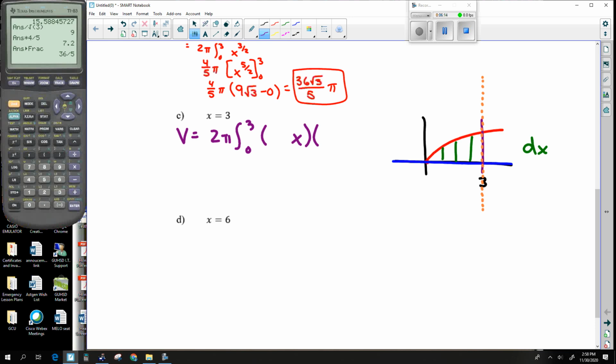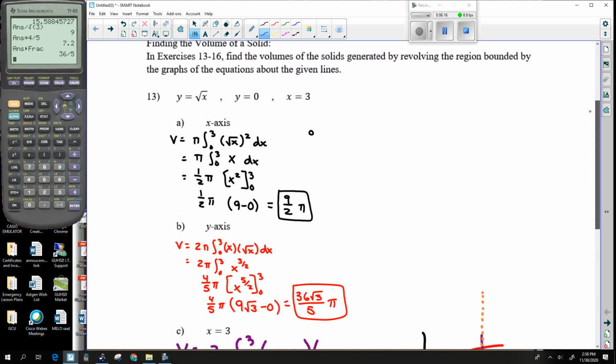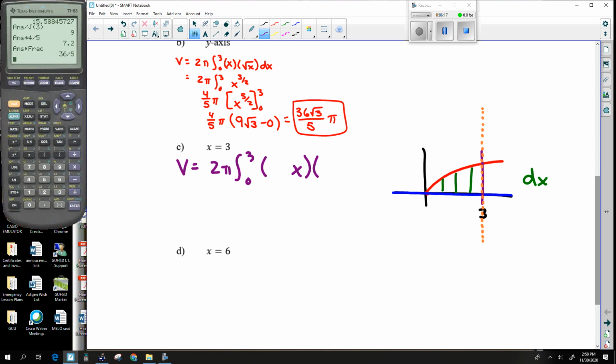So the volume of this guy is going to be 2 pi, integral from 0 to 3, of x, and what was the equation of this? Square root of x, dx. We're going to pretty much do it the exact same way. However, we have to move the axes. The axis was at 0, but now it is at 3.